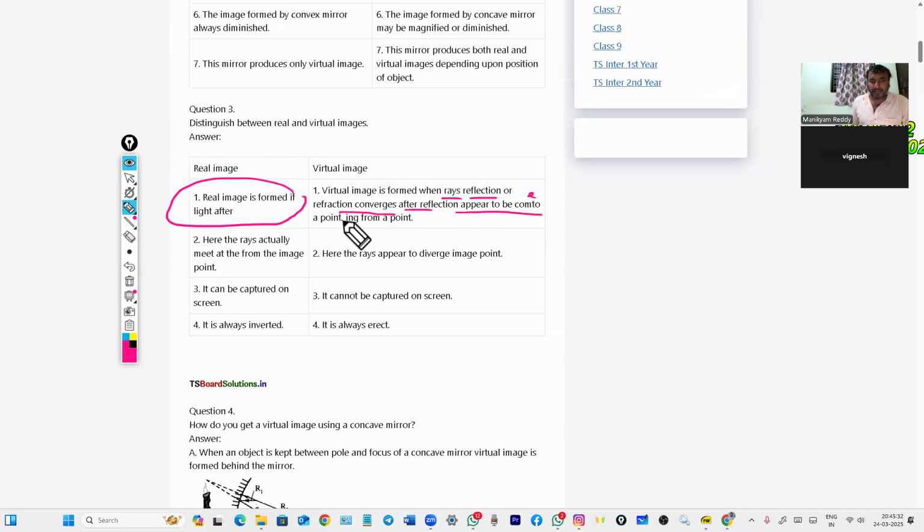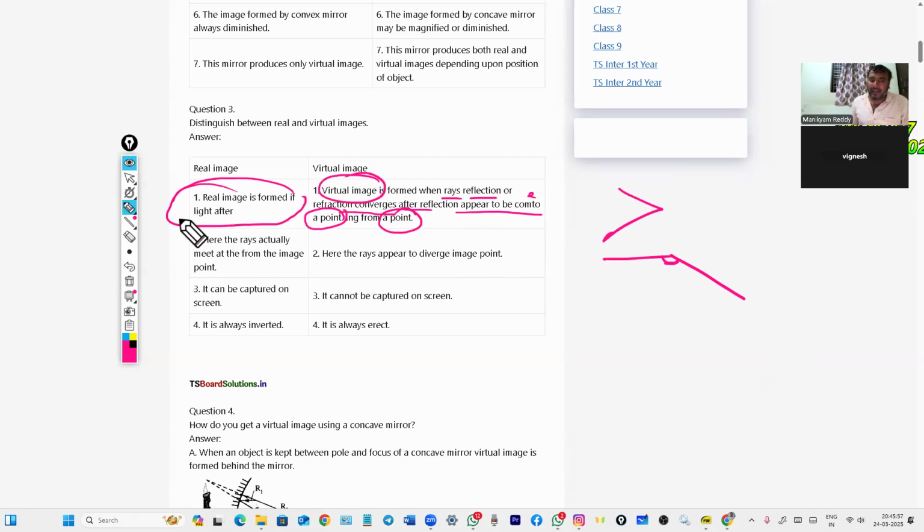Refraction means the bending of a light ray. In refraction, the rays converge after bending, and at one point we can observe the virtual image.